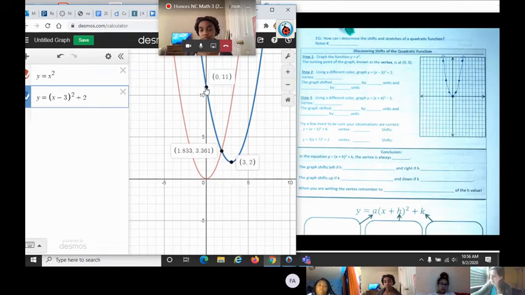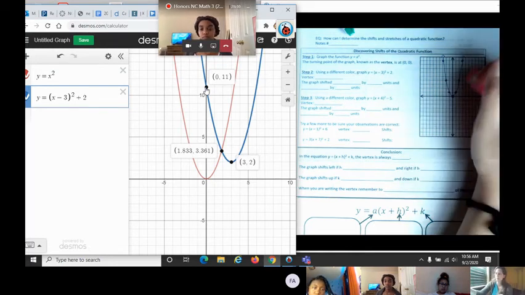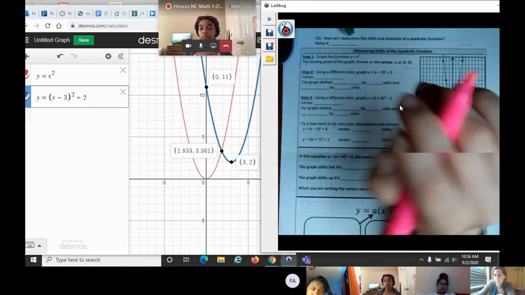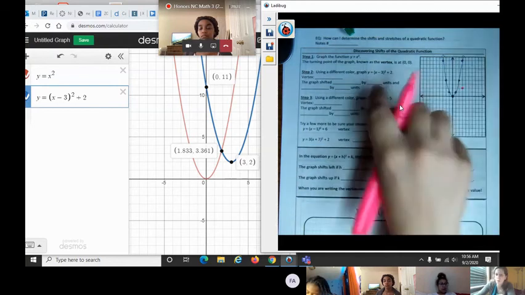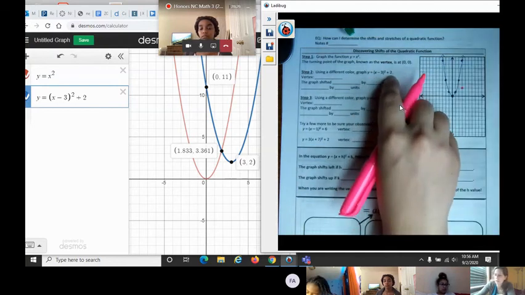So the vertex is at 3, 2. So I'm going to go right 3 from the origin and up 2 and put a little dot. Okay. And then this one just has a horizontal and vertical translation. So it doesn't stretch or shrink the parabola at all.